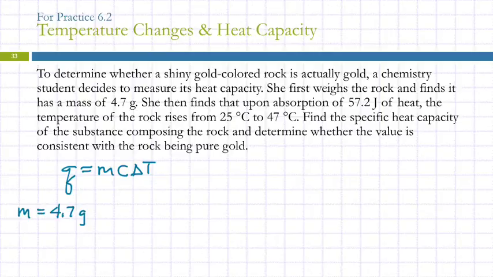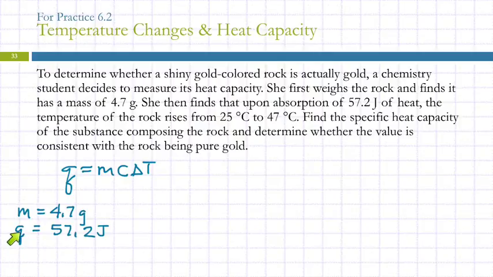So that's M. And then we've got 57.2 joules of heat. That's Q. What do you suppose the system is here? The rock. We're focused on the rock, so the rock is the system, the surroundings is everything else.